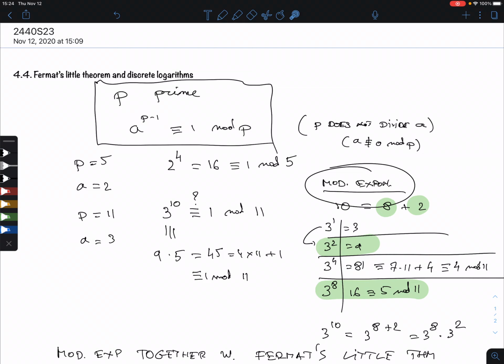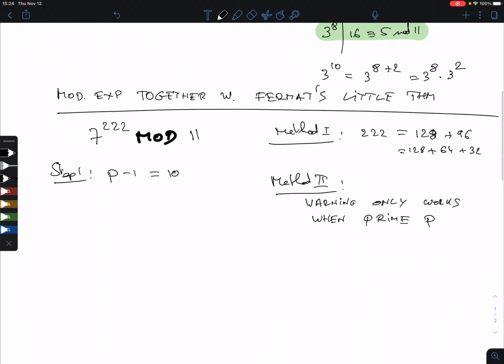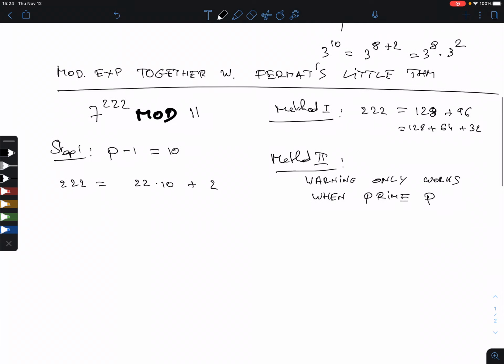Now, be careful, you might find this a bit strange: I'm going to take this exponent and do the long division by P minus 1. I divide 222 by 10, that is 22 times 10 plus 2, correct? 220 plus 2.